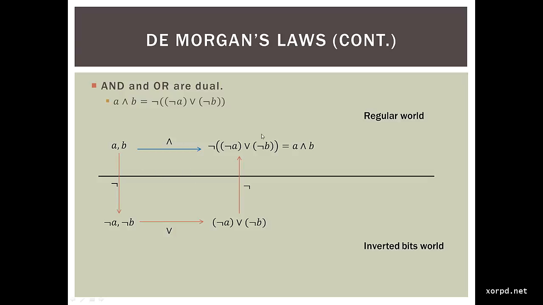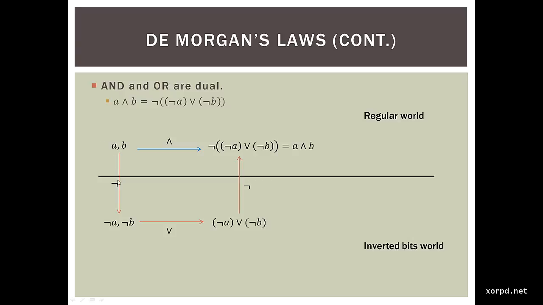We can see here that the AND and OR operations are somehow parallel. They are parallel and dual with respect to negation, which is represented by this horizontal line. All of this diagram is basically a very nice way to remember how De Morgan's law works.